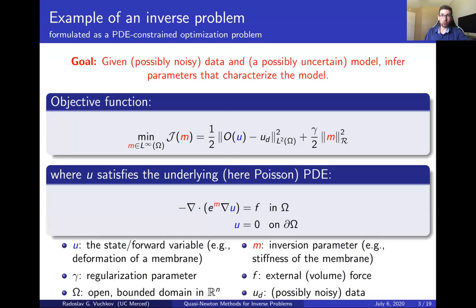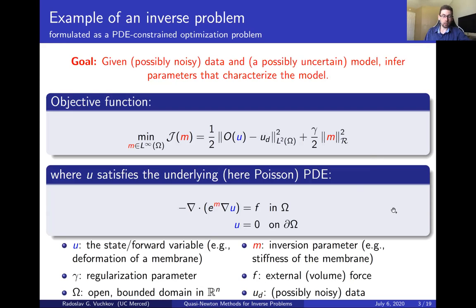So first of all, in my group we solve inverse problems, and inverse problems can be formulated as constrained optimization, where you have an objective function and a constraint. In our case, the constraint is a PDE, or partial differential equation.